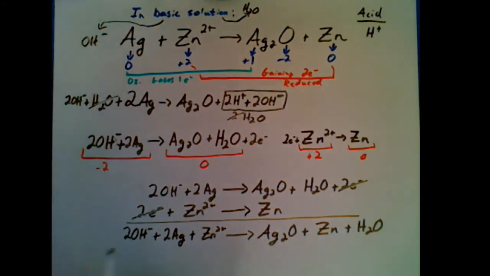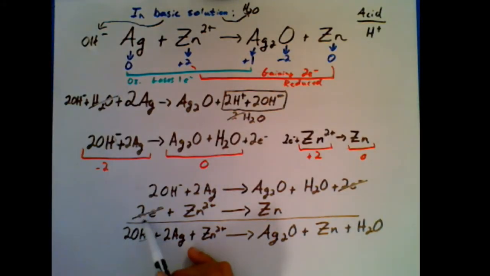The other thing that's totally balanced here is the overall charges. Minus 2 and positive 2. It's an overall charge of 0. Overall charge of 0. Everything is totally balanced, and we have balanced our redox reaction in a basic solution.